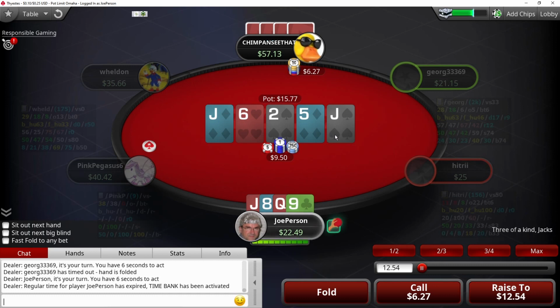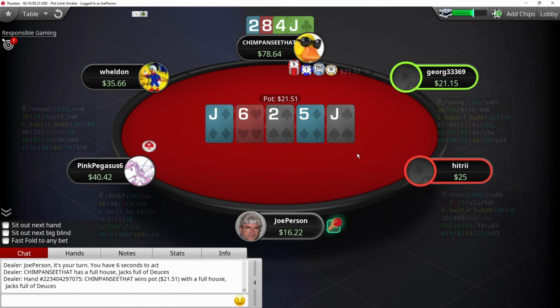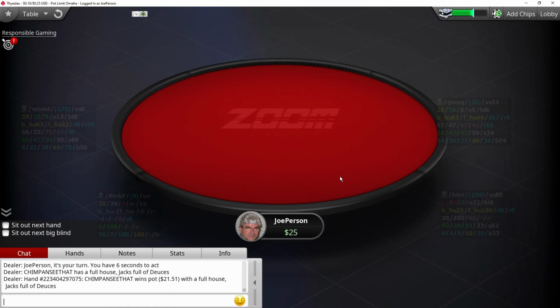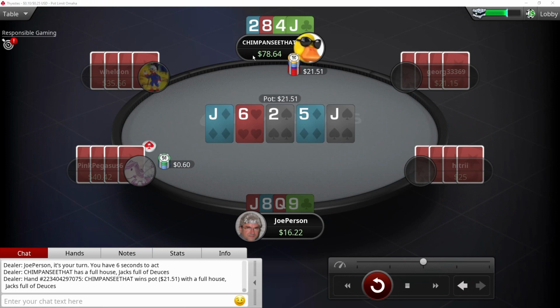And now it just doesn't make sense what he's representing. On the turn, he's representing a straight, and now he's representing a full house, so there's something fishy. He might have a hand like 6-6-3-4. And he had jack deuce, so he was bluffing the turn.